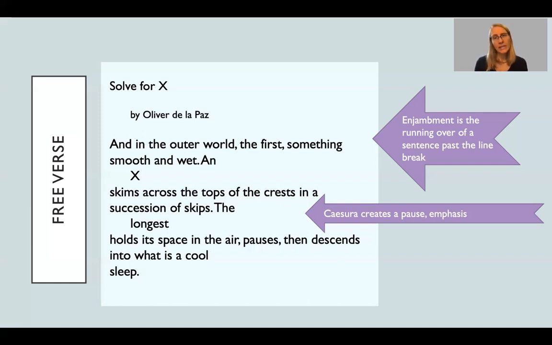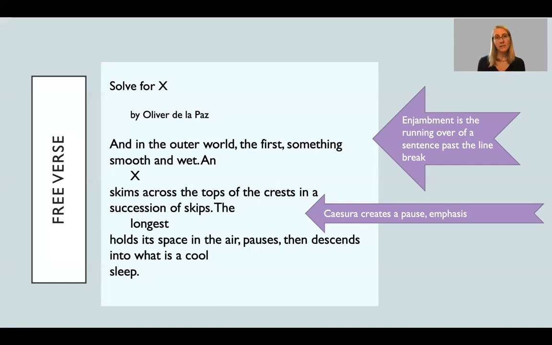There's also the technique of the caesura, which is that little bit of space between the left margin and the word. So the third line down, X, because it's been indented there, and then the line "longest" because it's been indented there. We're given extra space, and it's that space that is the caesura, and you'll see it at different lengths.